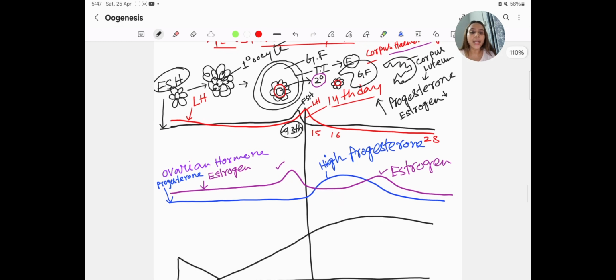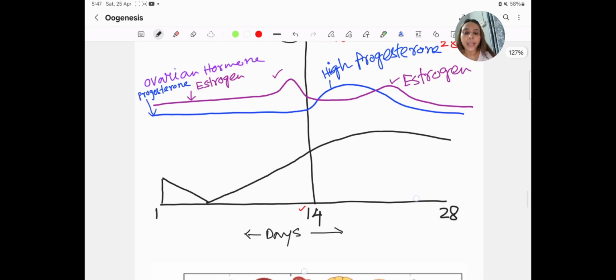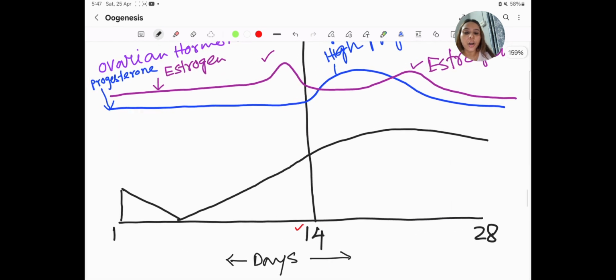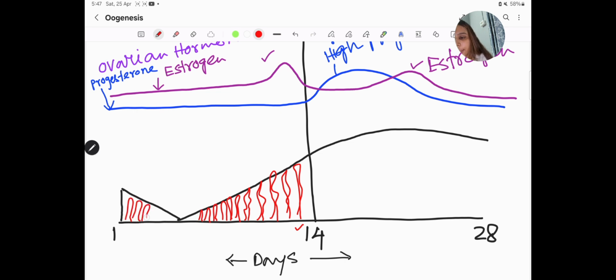So what happens? See here, there is the layer of endometrium. This is the endometrium layer where you can see these blood vessels. This is the layer of blood vessels, which is very thin during this time.